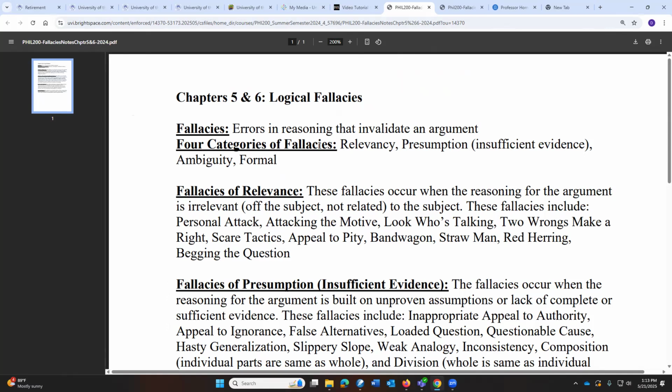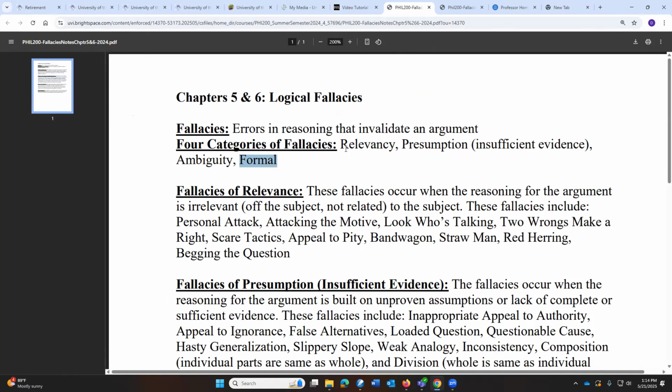The four categories of fallacies are relevancy, presumption, which is also known as insufficient evidence, ambiguity, and formal. Formal fallacies are a concept we'll look at again when we get to deductive reasoning. That's about how the structure of the argument itself creates a problem.